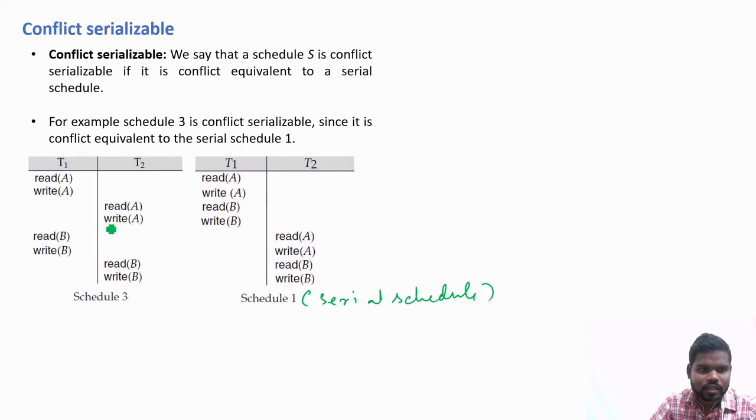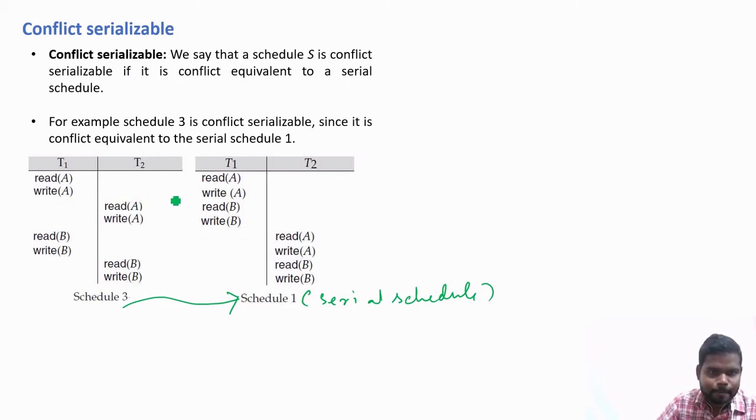Now we have to check whether schedule 3 is conflict equivalent to schedule 1 or not. If it is, then schedule 3 is conflict serializable. Can we transform schedule 3 to schedule 1 by a series of swaps of non-conflicting instructions?